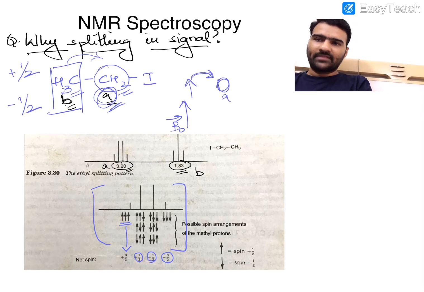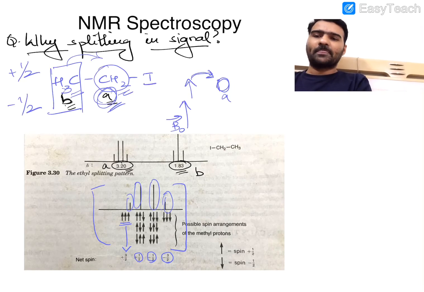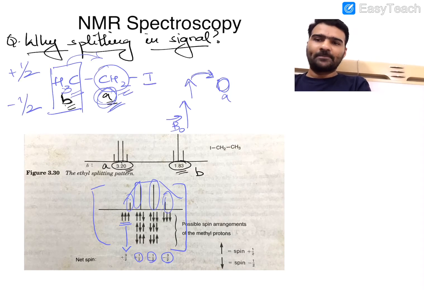So this is the origin of peaks being split, and when the peaks are being split you get the total number of peaklets here. You can account for the peak to be split into 4 peaklets. Now these 4 peaklets will have certain ratios, as is very clear from this particular example, that all of these peaklets don't have the same heights, and their heights have to do with the relative abundance of each spin state.